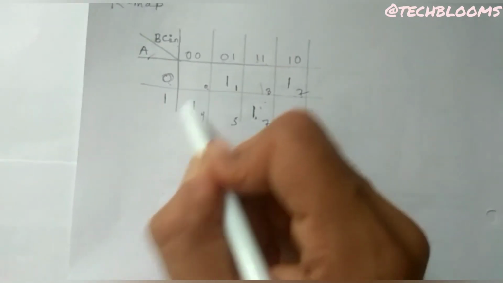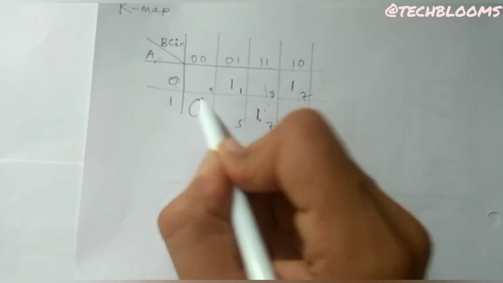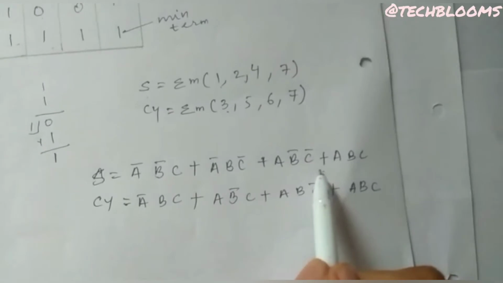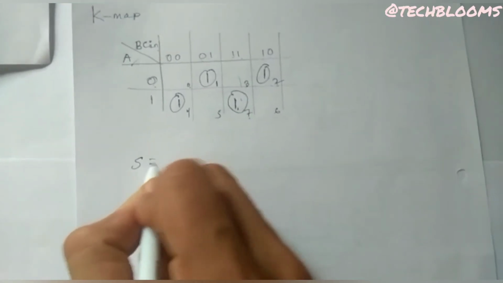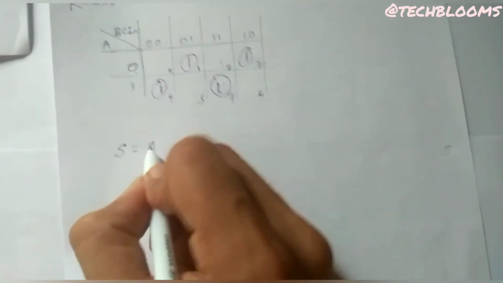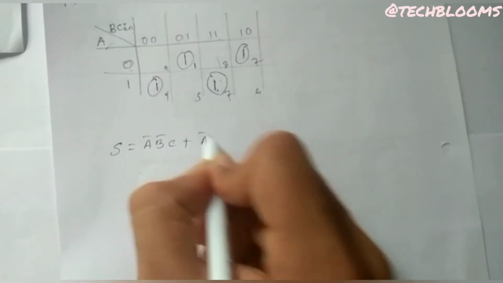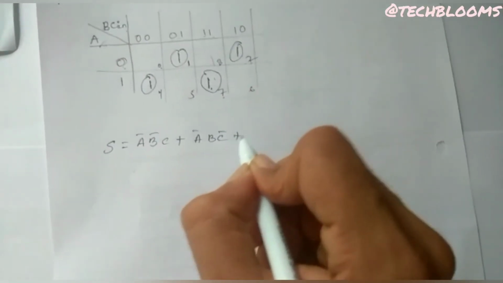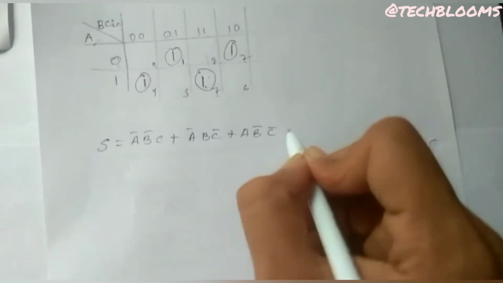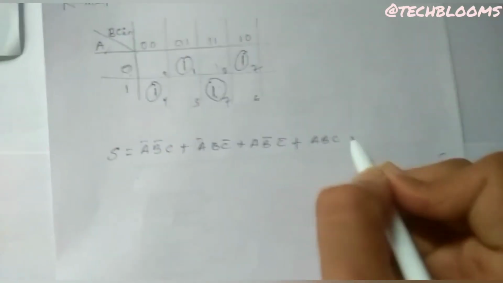Since we can't pair diagonally, we have to leave them alone like this and write the expression. We get the same expression as before. So for sum it will be A bar B bar C plus A bar B C bar plus A B bar C bar plus A B C.